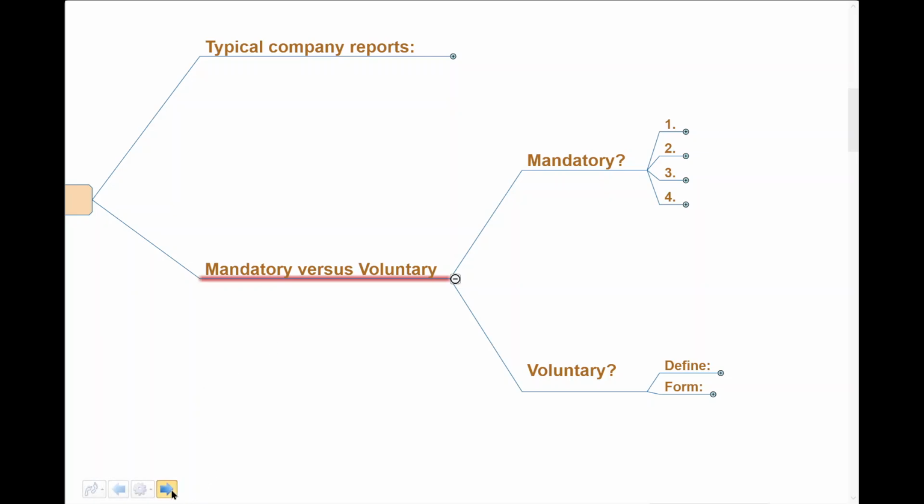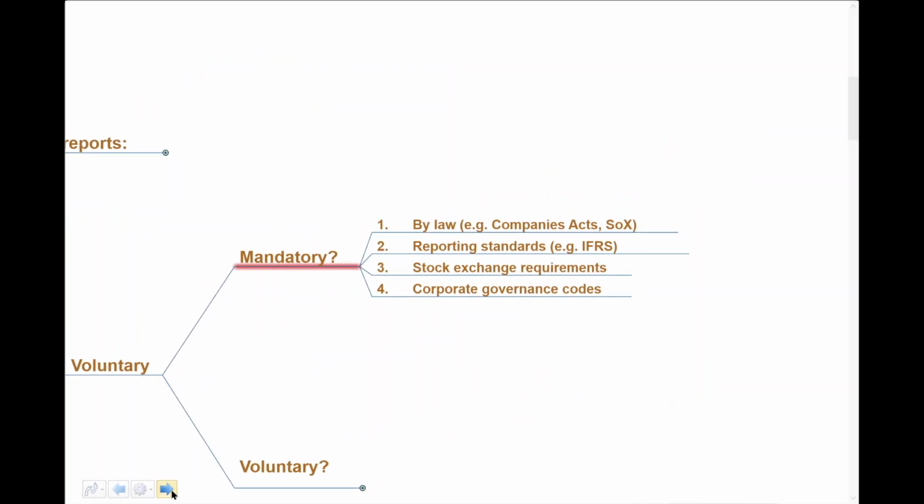So in terms of the mandatory area, a variety. We're familiar with the Companies Act, certainly in the UK and elsewhere. Sarbanes-Oxley in the US, governing corporate governance. We're also familiar with accounting standards via the IFRS. Stock exchange requirements for listed companies are many and varied. And over and above that, obviously, we have broad corporate governance codes.